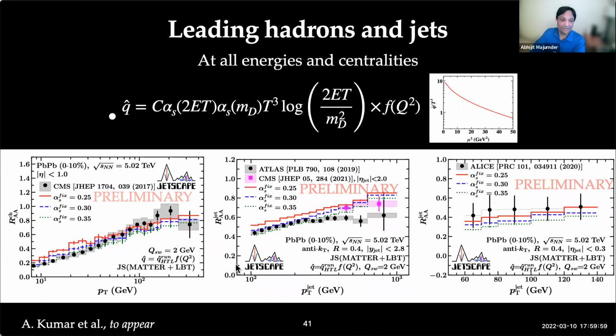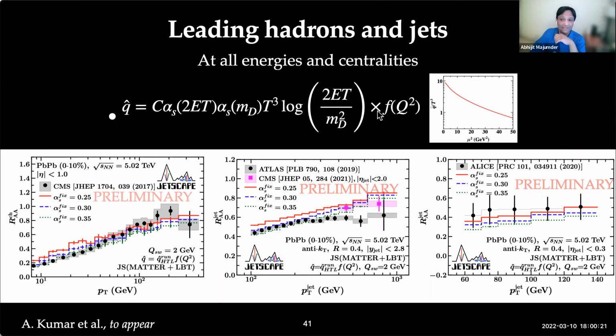These are results comparing to leading hadrons, RAA, jet RAA. This is leading hadrons from CMS, the jets from ATLAS and CMS, jets from ALICE, all at 5 TeV central collisions.